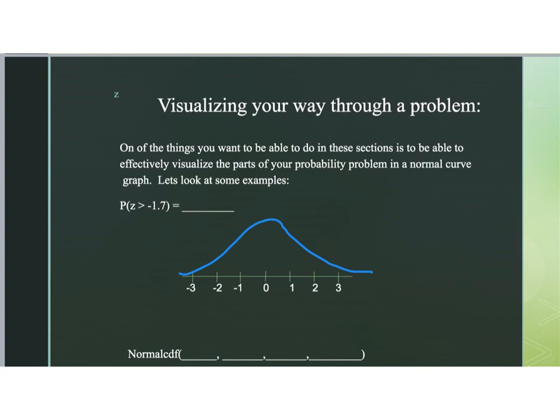And really the only thing that changes when you're working with real data values is the numbers along your x-axis. When these are Z values, we always have 0 at the center.